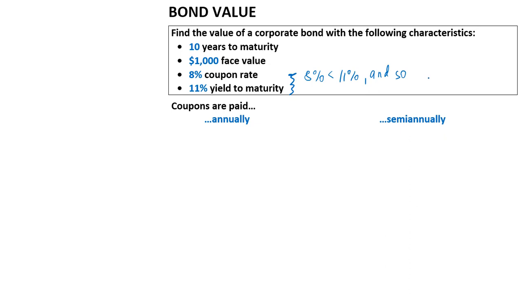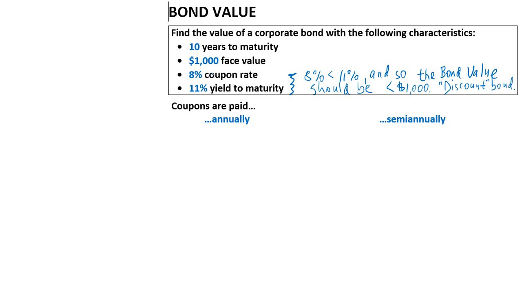When you do the calculations, you should see less than $1,000, and we would call such a bond a discount bond.